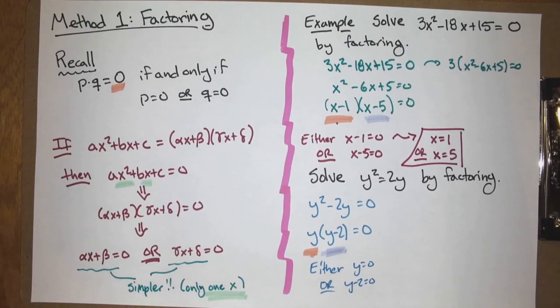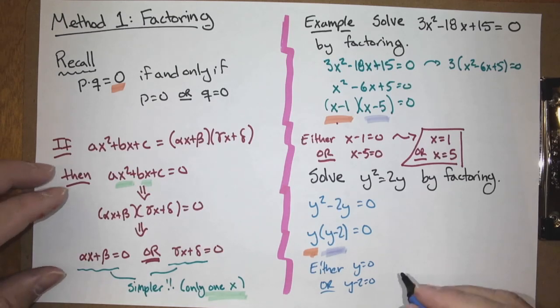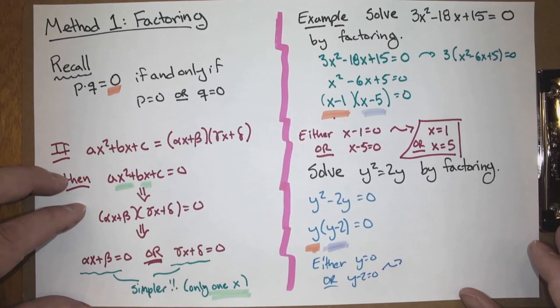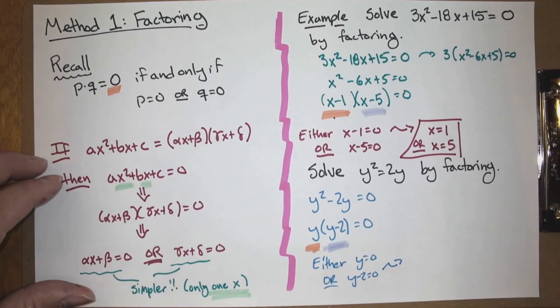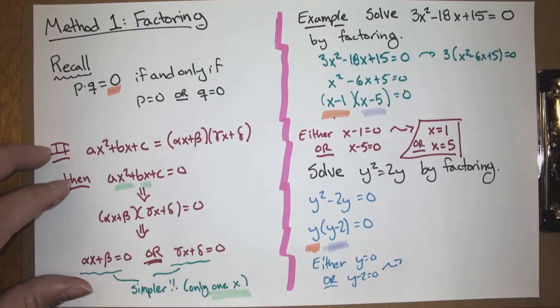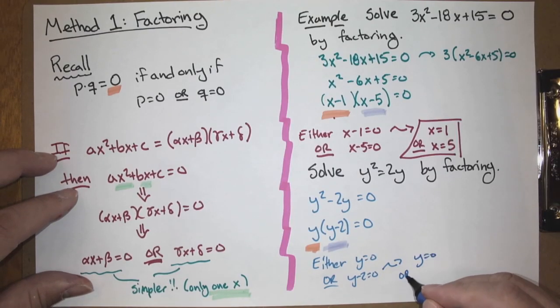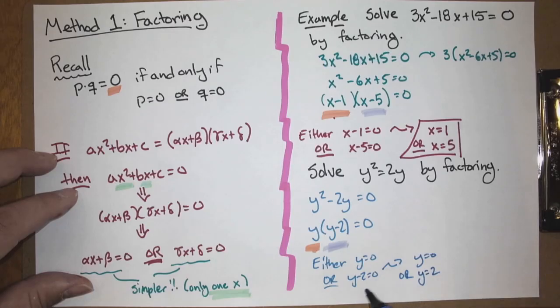But if y equals 0, then what is y? Ah, yes, it feels like Steve's asking a trick question. If y equals 0, then what is y? It's 0. Or, if y minus 2 equals 0, what is y? Positive 2. You can add 2 to both sides.